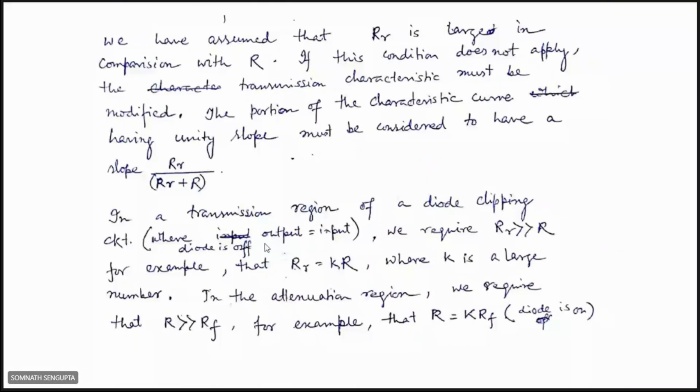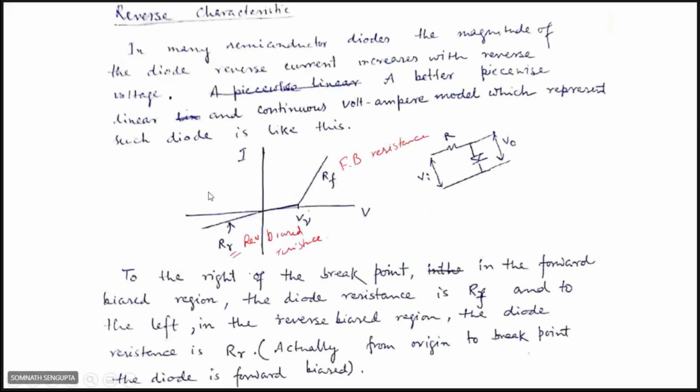In that case, the transfer characteristics will be modified, and it will have the slope of RR by RR plus R. In the previous case, when the diode is forward biased, the slope is RF by RF plus R.